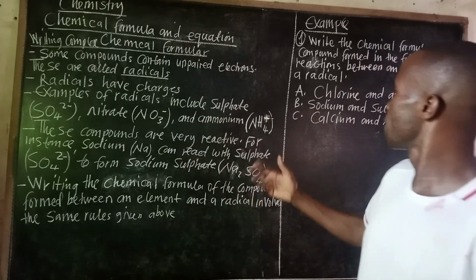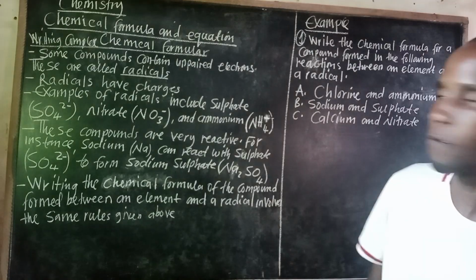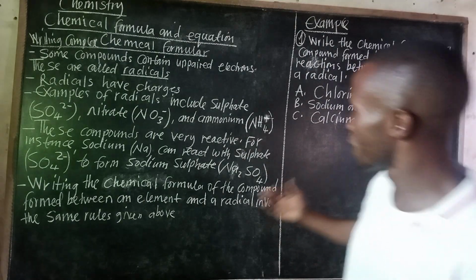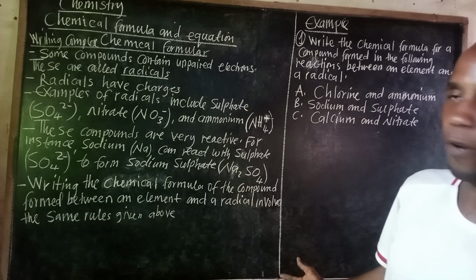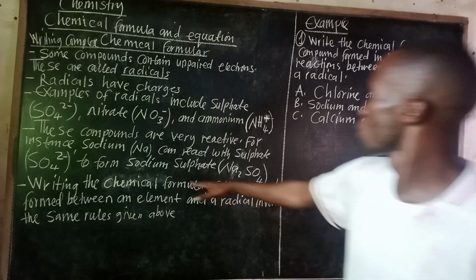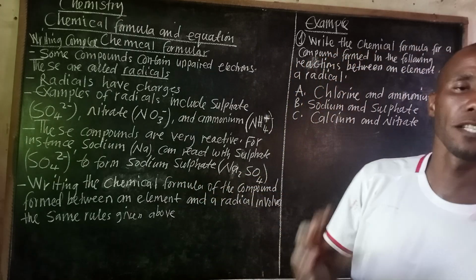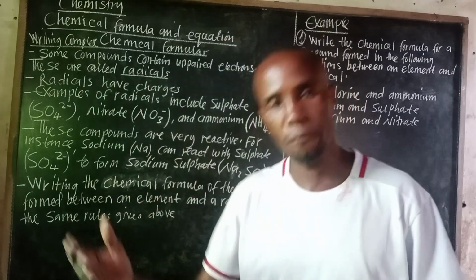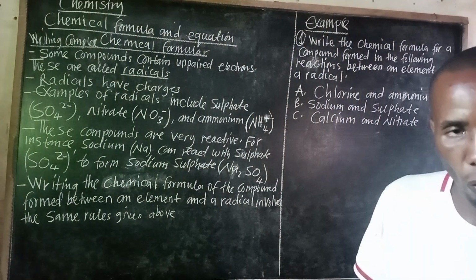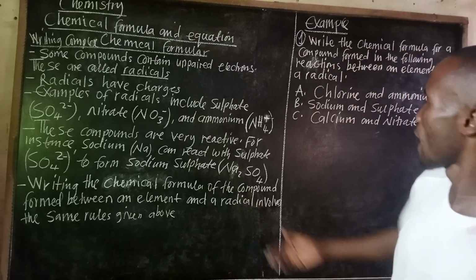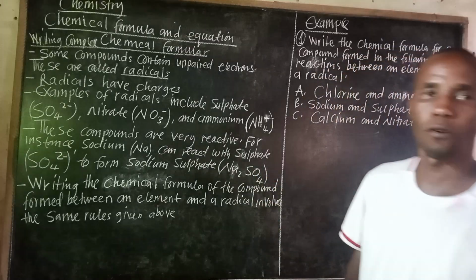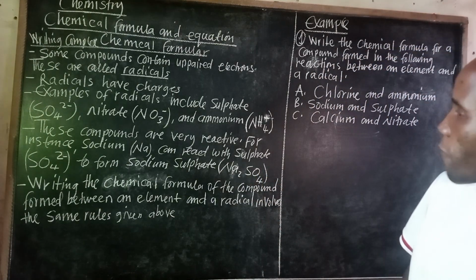These compounds are very reactive, as I said in my preamble. For instance, sodium can react with sulfate, the radical compound, to form sodium sulfate, and this is the chemical formula for sodium sulfate.